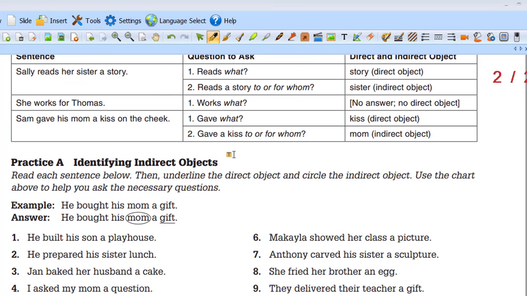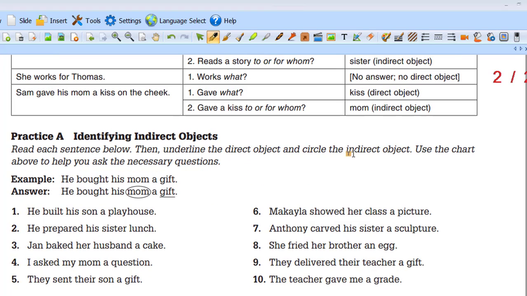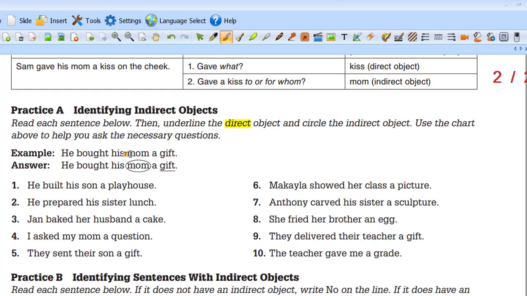And here we have some examples. Here the question is asking you to underline the direct object and circle the indirect object. So number 1, what's the direct object and indirect object here?